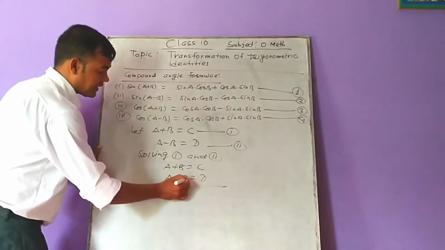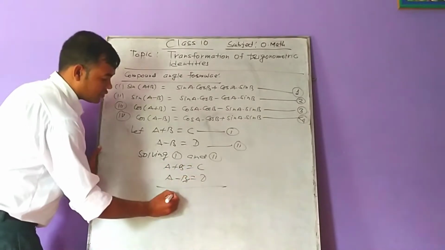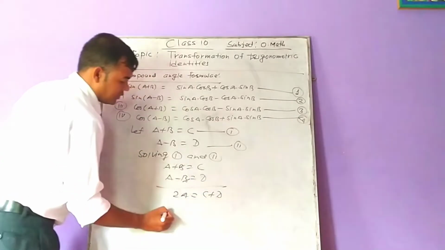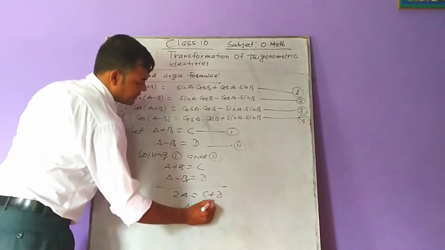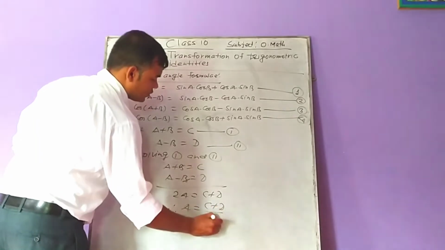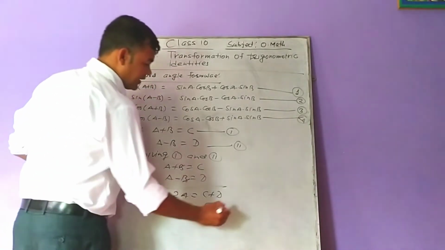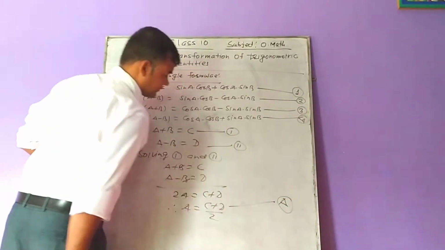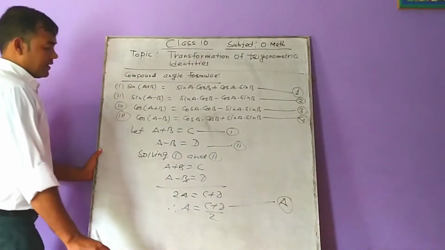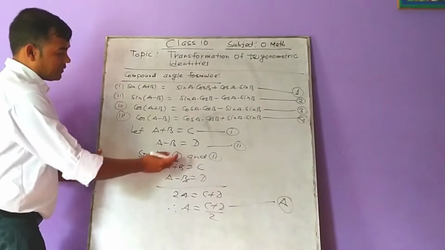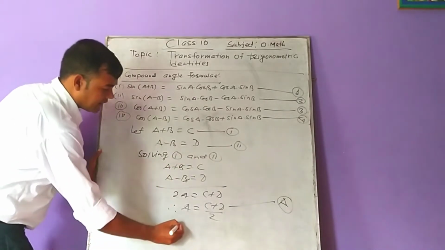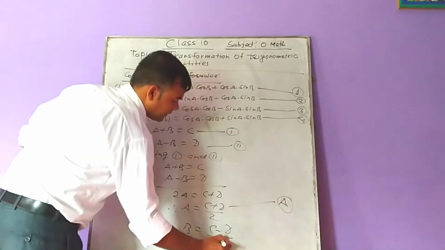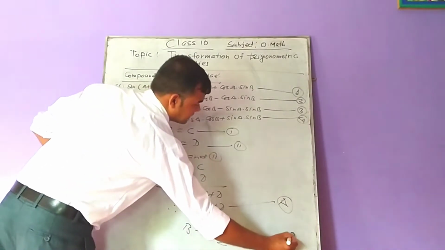So B and B cancel out. A plus A means 2A, and C plus D means C + D. So you can write the value of A is (C + D)/2. In the same way, if you subtract equation 2 from 1, you will get B = (C − D)/2 as value number B.